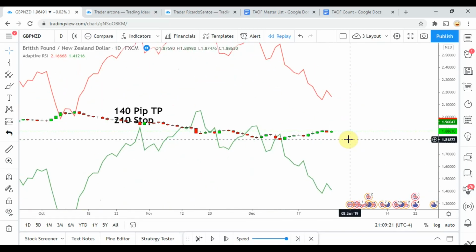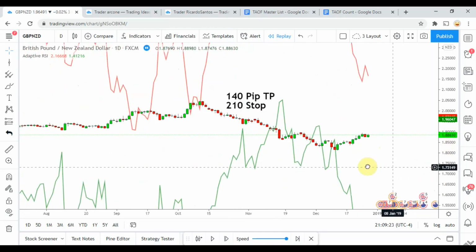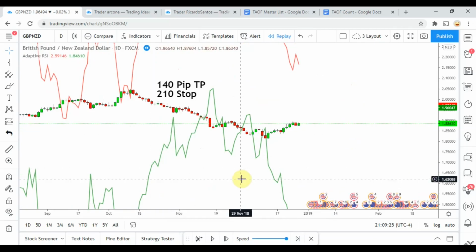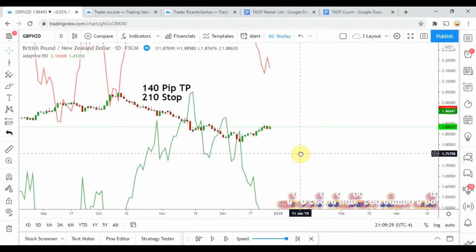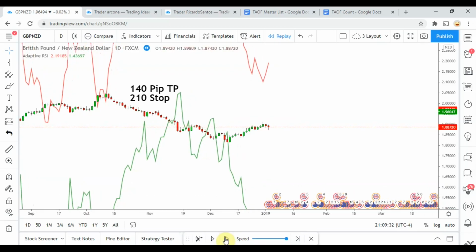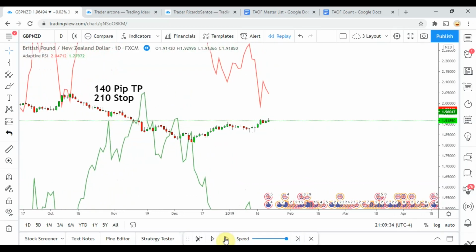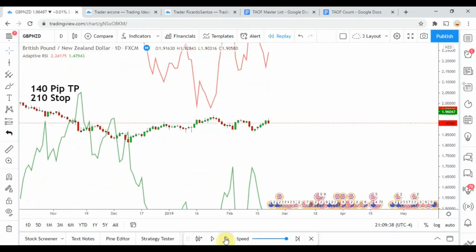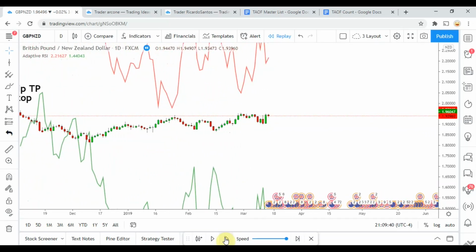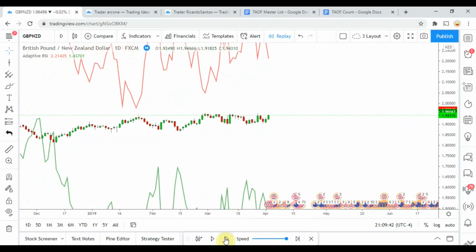And so that's how we are going to test it today. It's a little bit tricky, so we'll have to keep our eye on it. Once we start getting some signals, I will slow down just a little bit more, so that we can take a look at how we would actually get a valid entry signal.